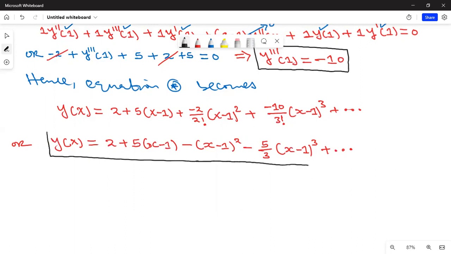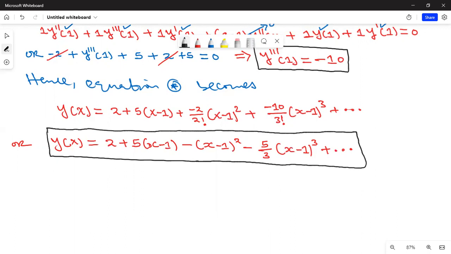Again, this is a series in powers of x minus 1. It is a polynomial. So that's how to use Taylor series or Taylor's theorem to solve initial value problems where the initial conditions are specified at an ordinary point.